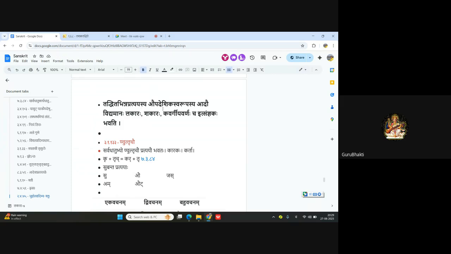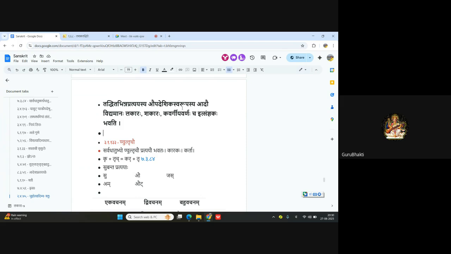And aupadeshika swarupasya means those pratyayas which are in upadesha. Upadesha means that which has been said by Panini Maharshi, Katyayana Maharshi and Vararuchi Maharshi. By all these three acharyas, whatever is said is upadesha.